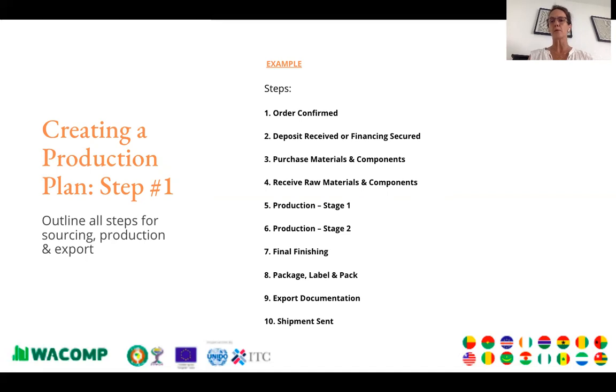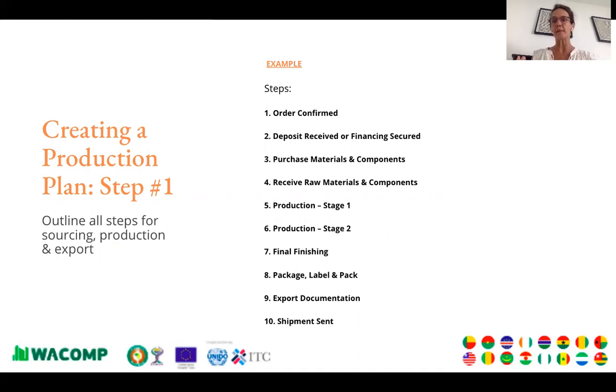The fifth step is you go through the first stage of production. The sixth step is the second stage of production. The seventh step is the final finishing. The eighth step is the packaging, labeling, and packing of the order to ship. The ninth step is putting together all the export documentation.